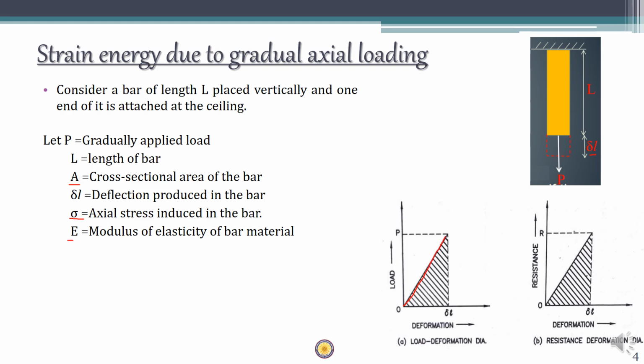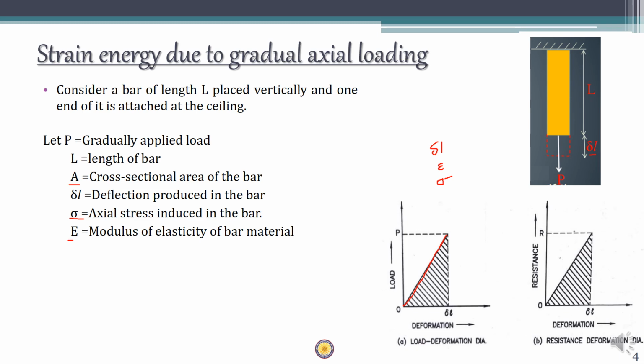Whenever the load is given to the body, a small deformation delta L happens. This delta L will give rise to a small strain, which will again give rise to a stress, which is a restoring force.